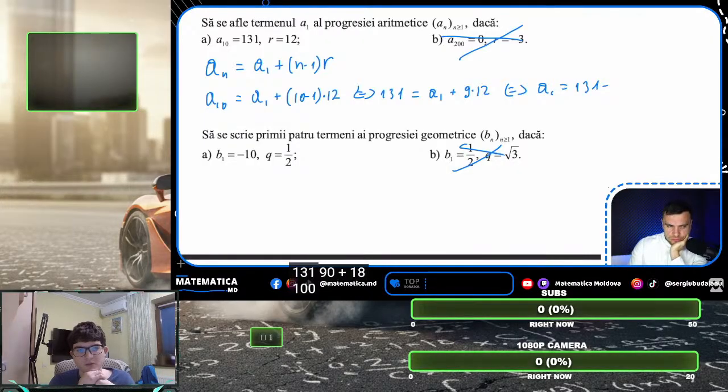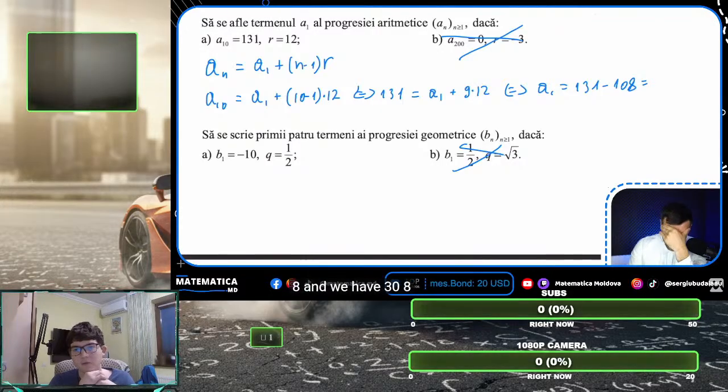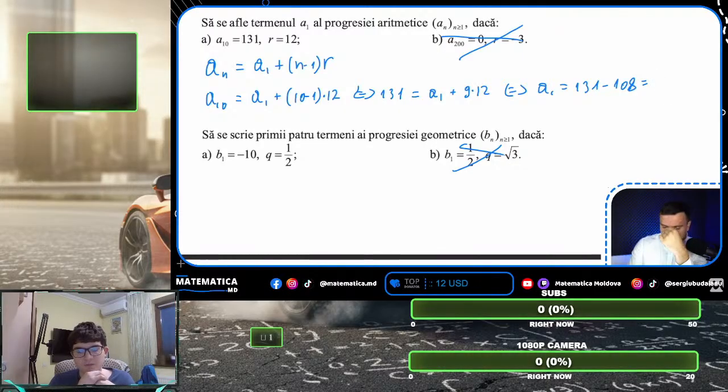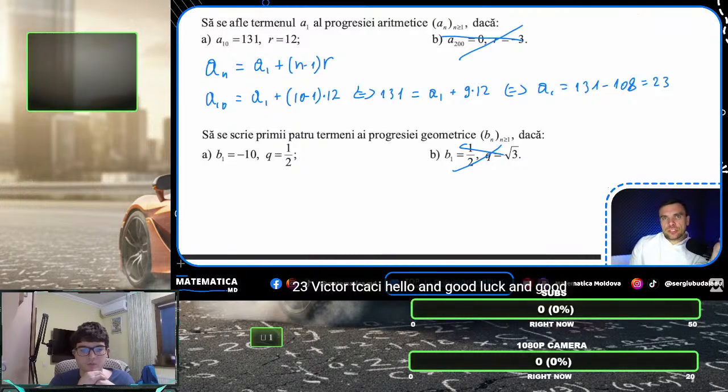Yeah, I messed it up a bit. I went an inch too hard, so I found A0 instead of A1, but whatever. So this is going to be 23. So we know it's 23, and we're done.